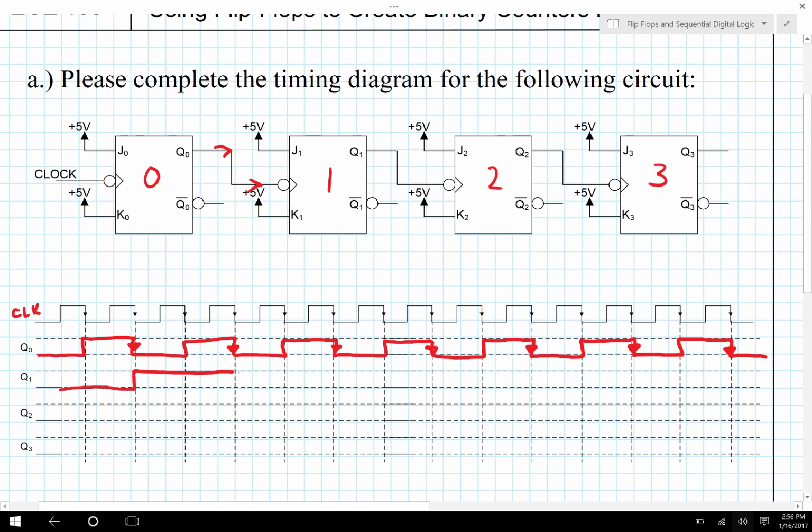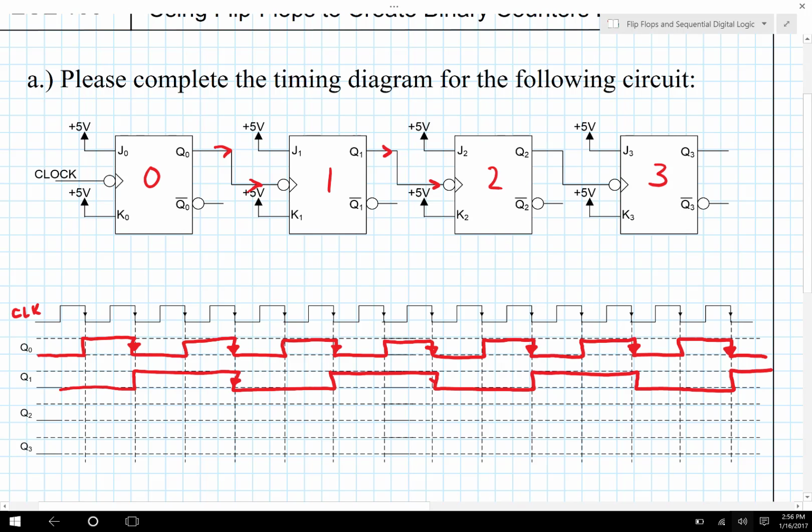So Q1 is going to transition only when there's an active edge on Q0's output. And so notice that the frequency of Q1 is 1/2 that of Q0, which makes it 1/4 that of the original clock signal.